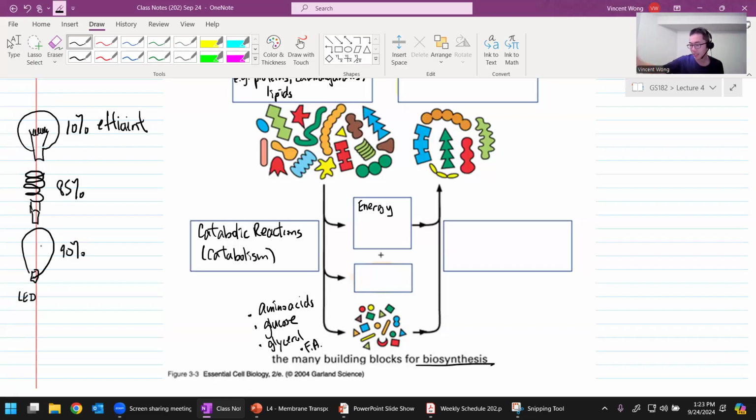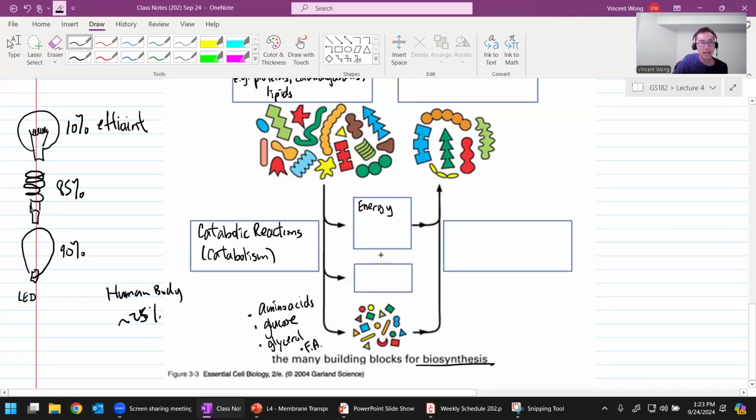Anybody want to give it a guess? 25%, so precise. But you're absolutely right. We are only about 25% efficient. A human body is about 25% efficient.